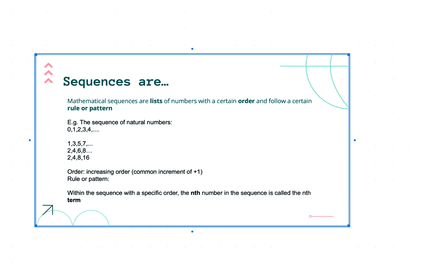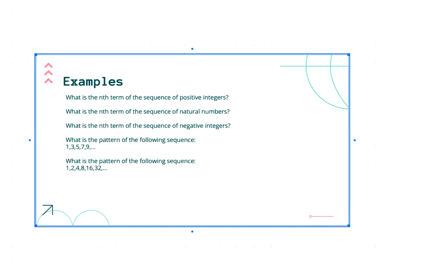Okay, so let's go through a couple of examples together. So firstly, what would the nth term be of the sequence of positive integers? Is anyone able to give me a general form?